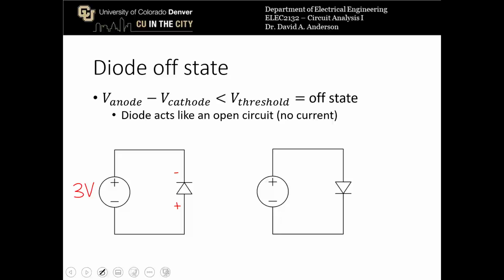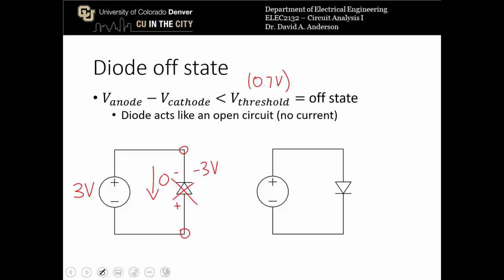Well, right now, the anode voltage minus the cathode voltage is negative 3 volts, and if the threshold voltage is 0.7 volts, V anode minus V cathode is less than that, so the diode is off, and we say that this is an open circuit with no current.